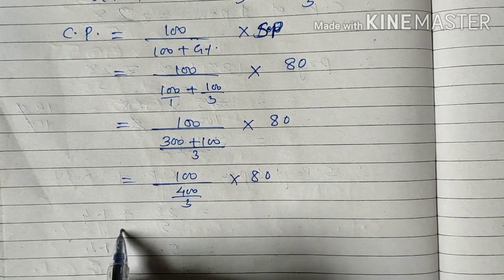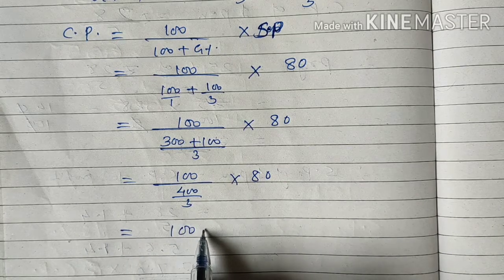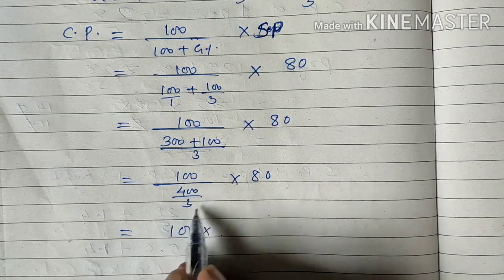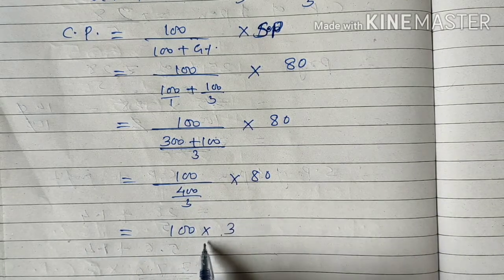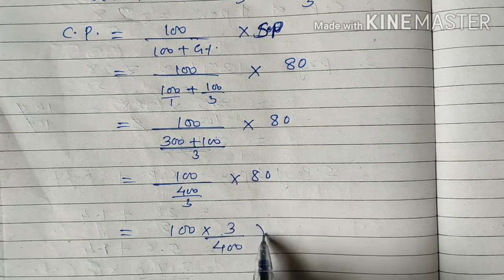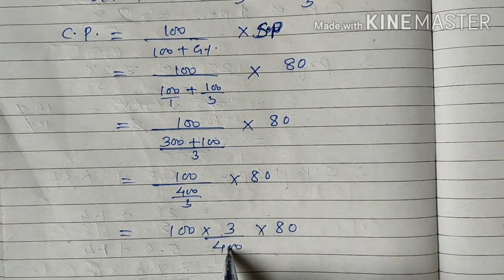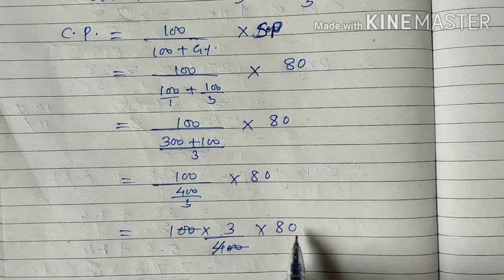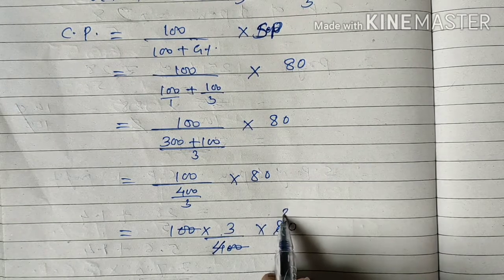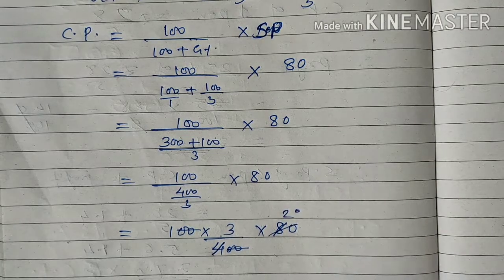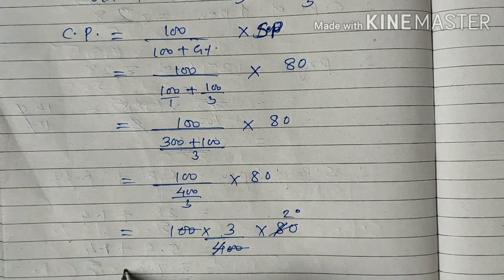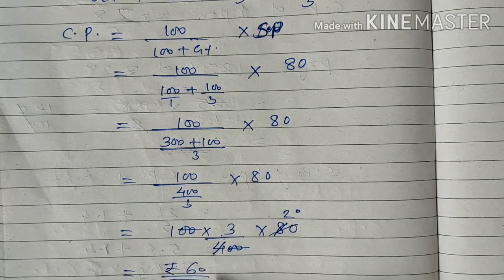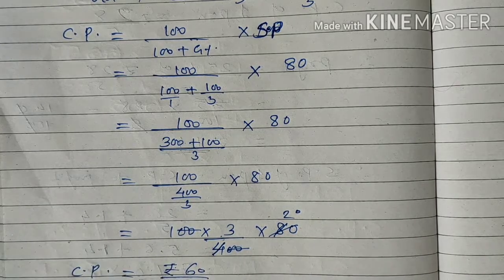So we take the reciprocal: 100 multiplied by 3 upon 400 multiplied by 80. 0, 0 get cancelled, 4 ones are 4 and 4 twos are 8. Correct? So 20 into 3, 60 rupees. So this is the cost price.